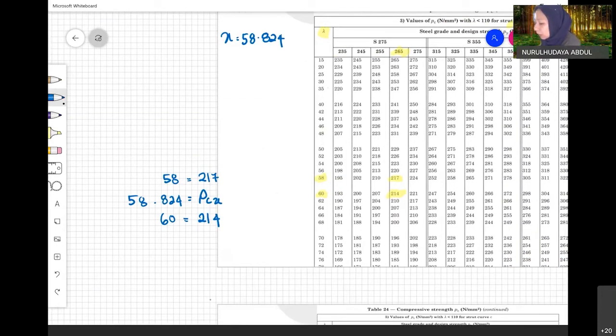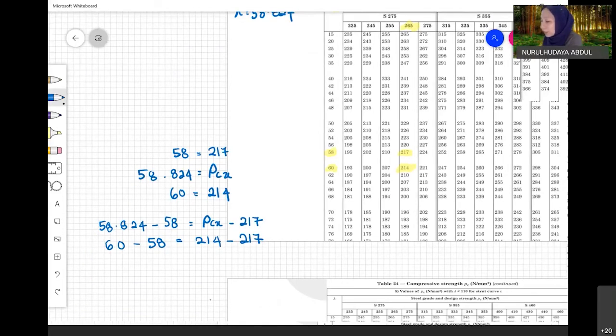I suka tolak macam ni lah sebab senang kira. You boleh main. Okay, bila you tolak 58.824 sebab dia equation dia tolak dengan 58 ke atas. Automatic the other side, the right side, PCX kena minus dengan 217. Sebab dia adalah equation 214 minus 217. Kita simplifykan this thing.